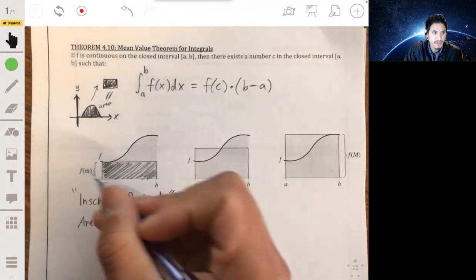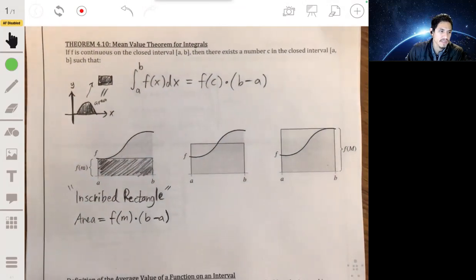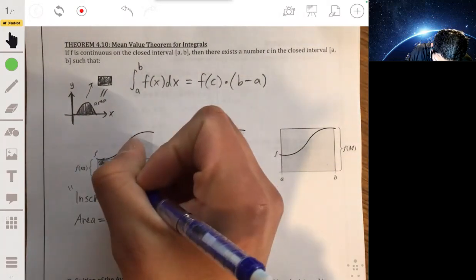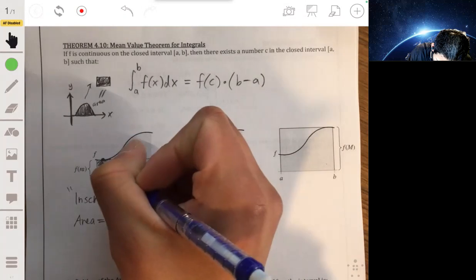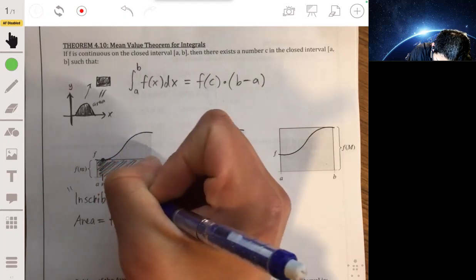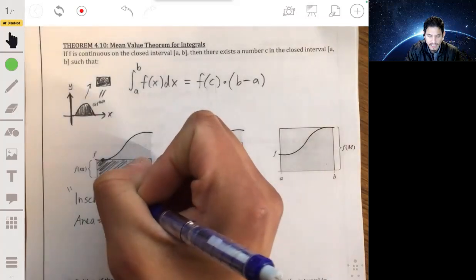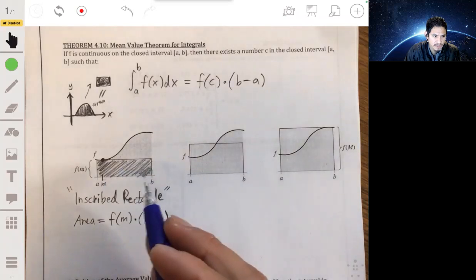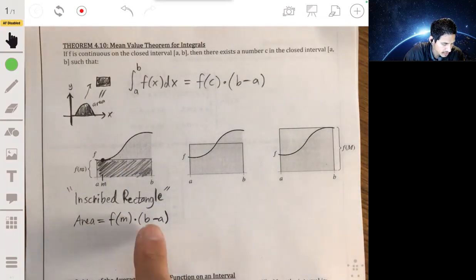And remember, m is just some value between a and b, and it's probably somewhere over here, next to a. So that's a value between a and b. That's what that's saying.